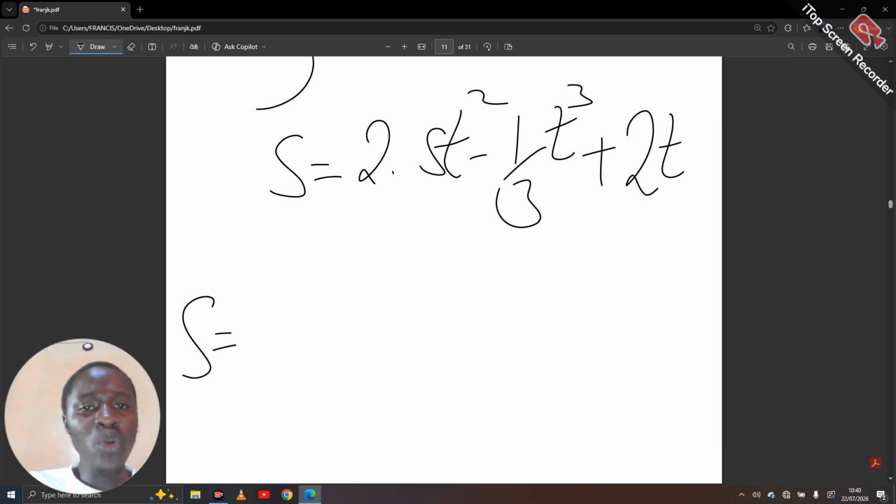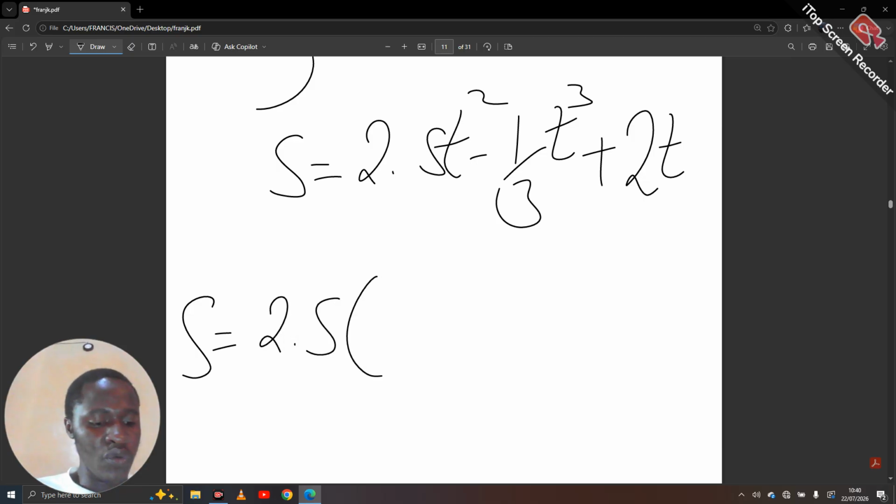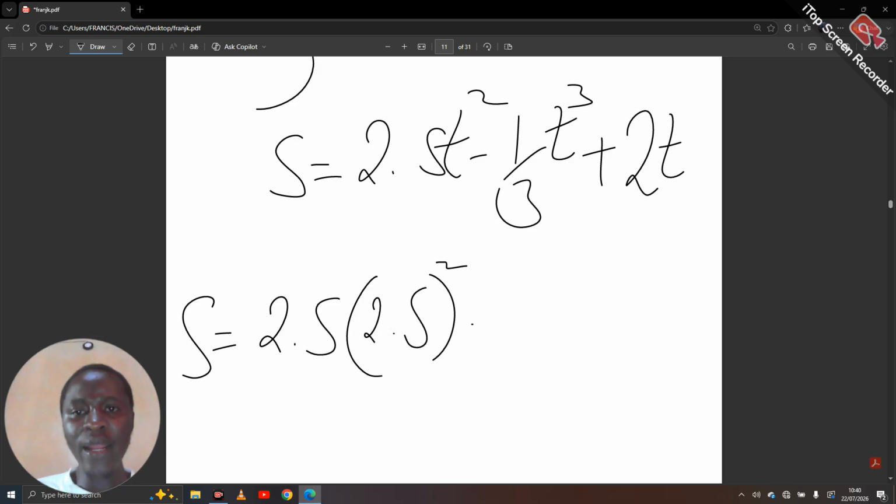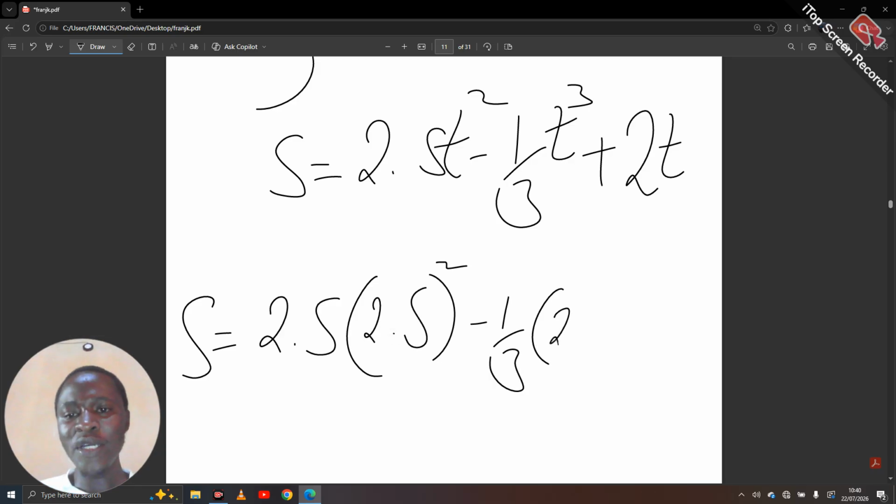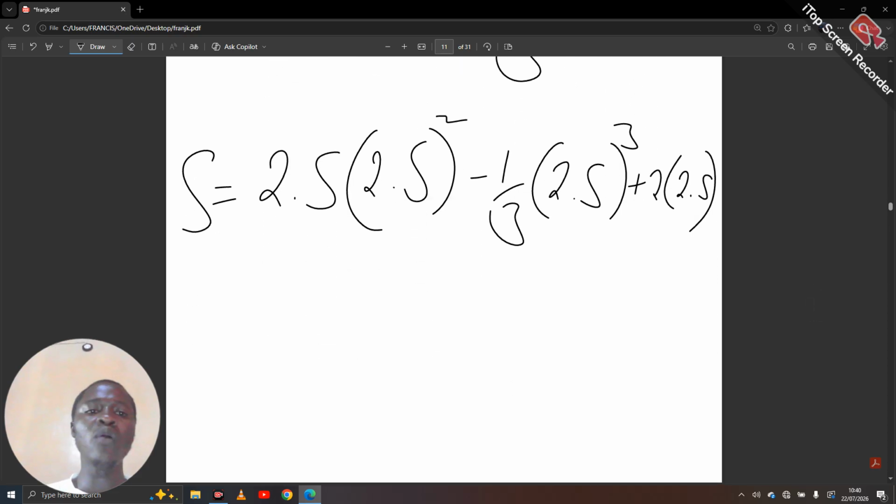So we only have to substitute the time. So 2.5 into the time, which was 2.5: 2.5 squared minus a third, 2.5 cubed plus 2 into 2.5. The work of a calculator.